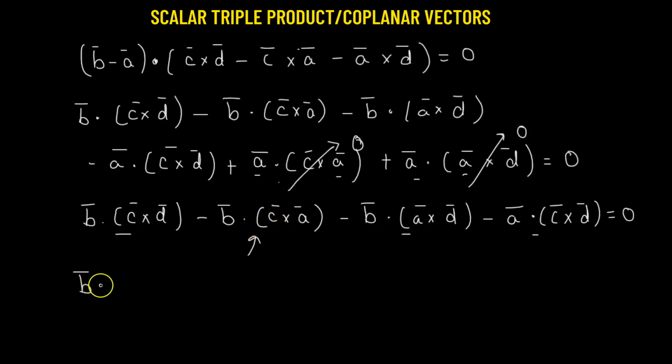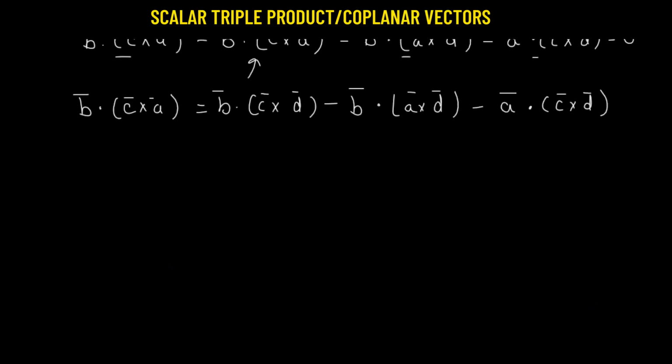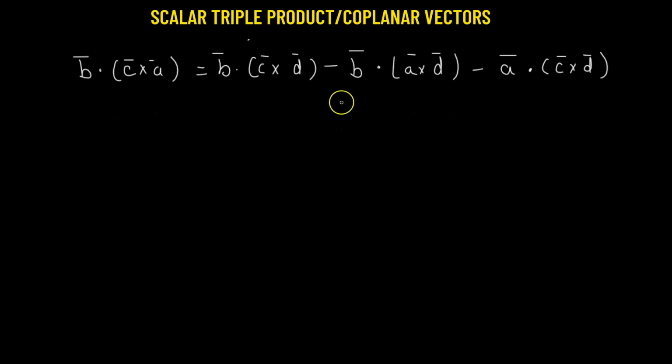So this will become B vector dotted with C cross A. Now what we'll do next, we're going to change the sign of these two vectors on the right hand side from negative to positive. That can be done using the definition.